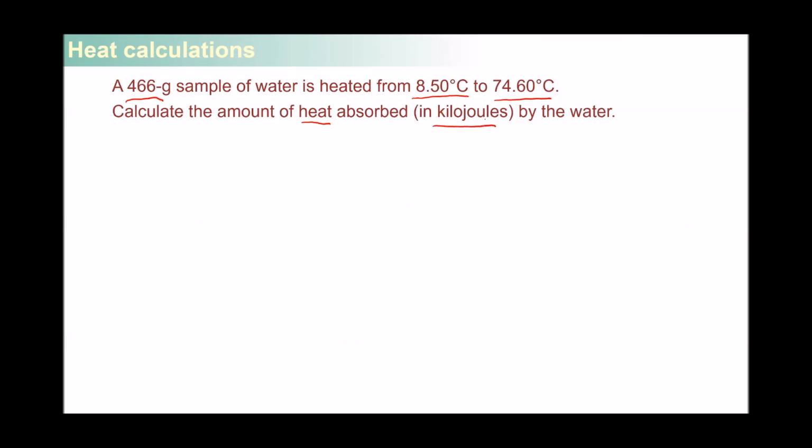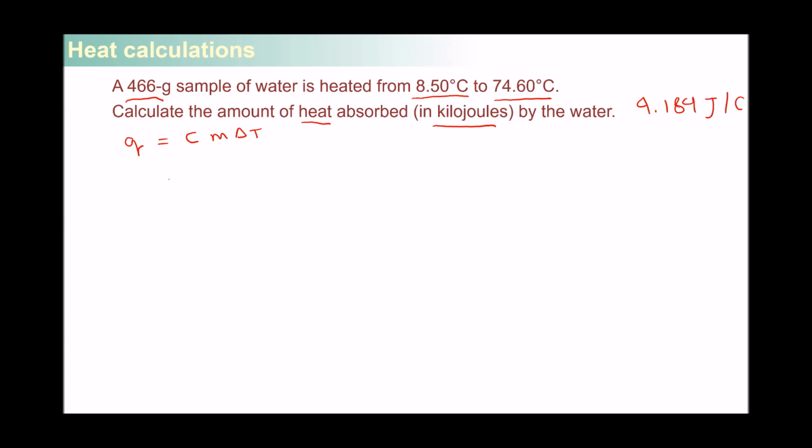Again, we define the formula that correlates the heat of your system to the mass and the required change in temperature. The proportionality constant is the specific heat capacity of water, which is 4.184 joules per gram per degree.